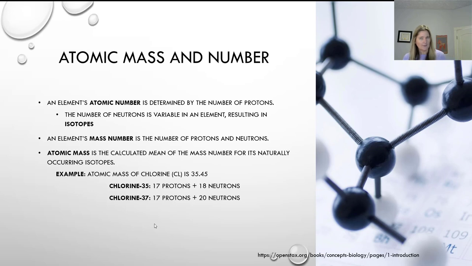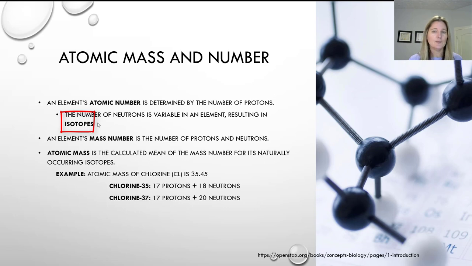Now remember how the protons and the neutrons are found in the nucleus of the atom. Sometimes we can have different amounts of neutrons found in the nucleus of the atom, but the protons for that particular element will stay the same. So if we have different amounts of neutrons, we have more or less, then we get something called an isotope.